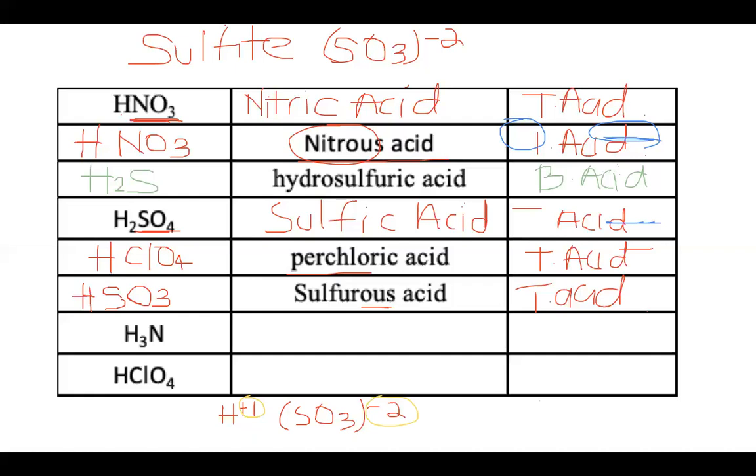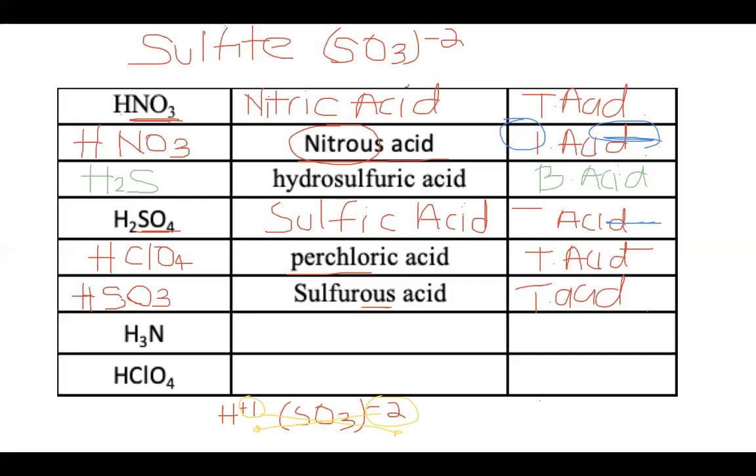So what I have to do is cross charges. I will pass the number, not the sign, to the bottom of the other element. So I will pass this number 1 to the bottom of SO3, and this number 2 to the bottom of H, only the number, not the sign, in order to balance.